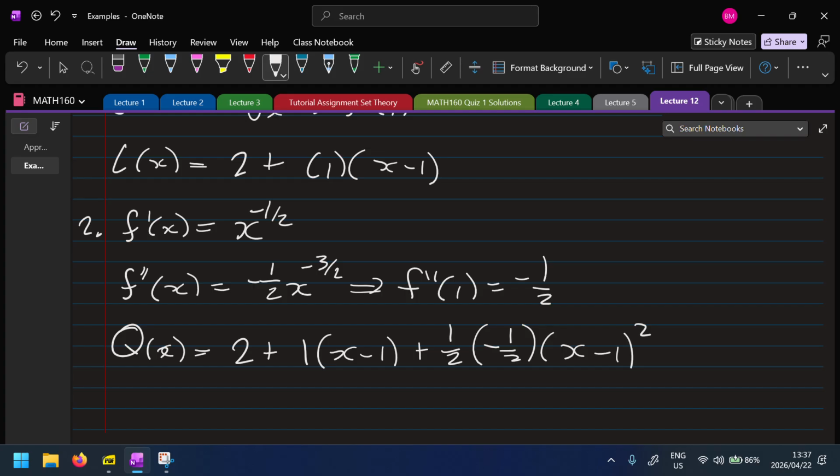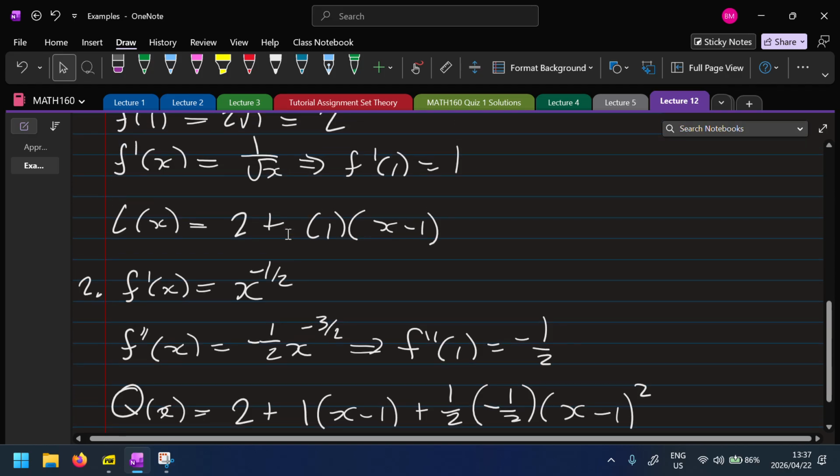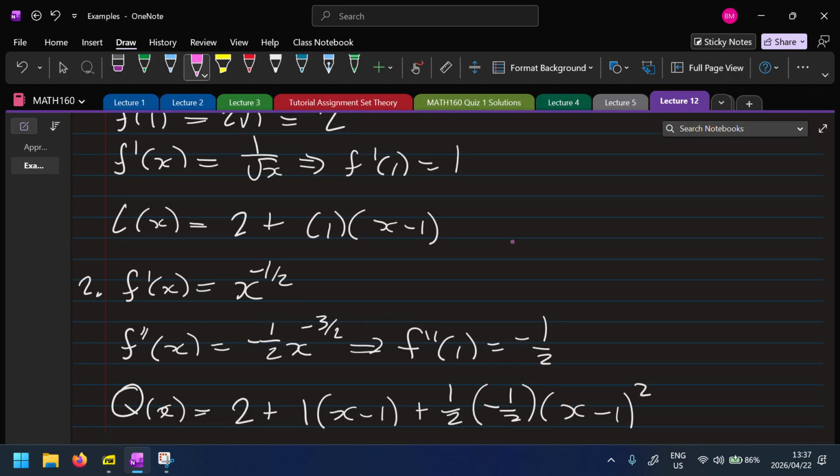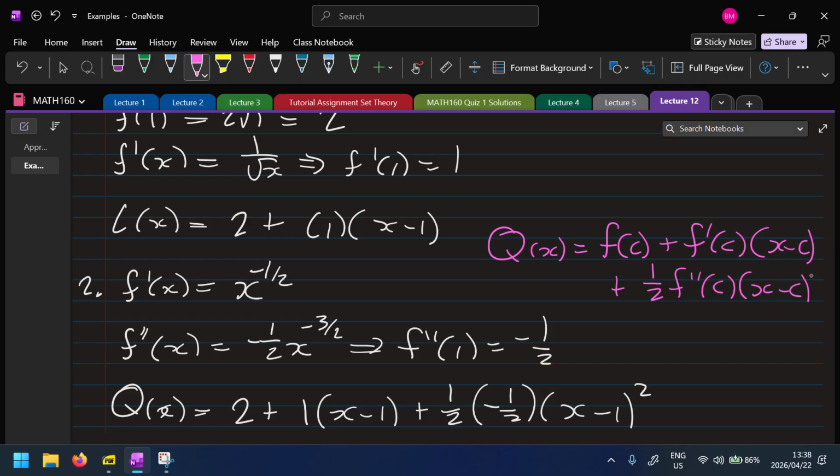Any questions so far? Yeah. Number 2, we're just using this formula here. Q of x is f at c plus f prime at c times x minus c, plus 1/2 f double prime at c times x minus c squared.